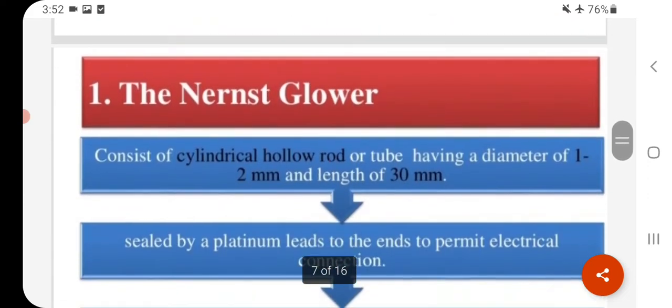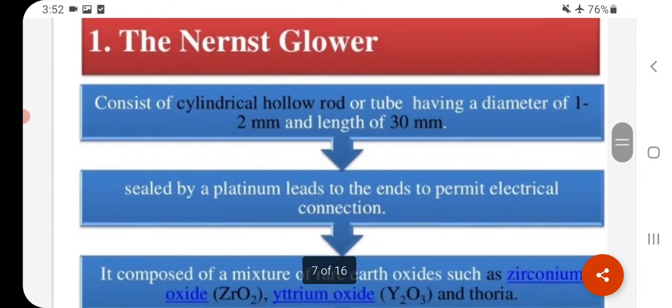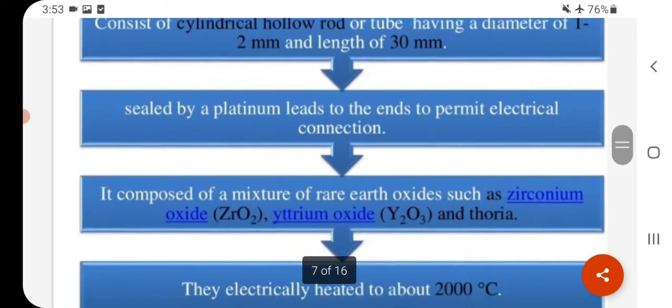The Nernst glower consists of a cylindrical hollow rod or tube having a diameter of 1 to 2 mm and a length of 30 mm, sealed by platinum leads at the ends to permit electrical connection. It is composed of a mixture of rare earth oxides such as zirconium oxide or yttrium oxide and thoria.